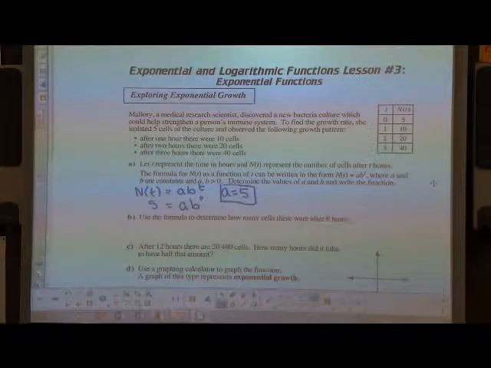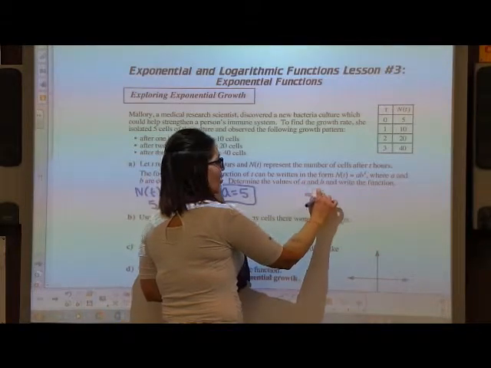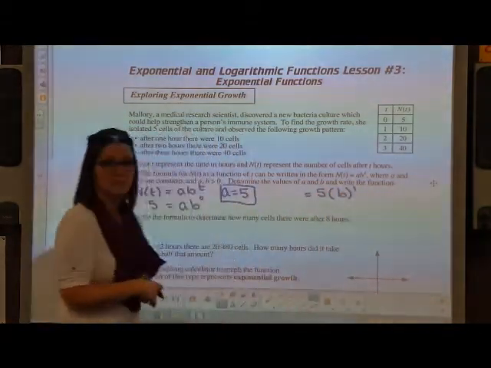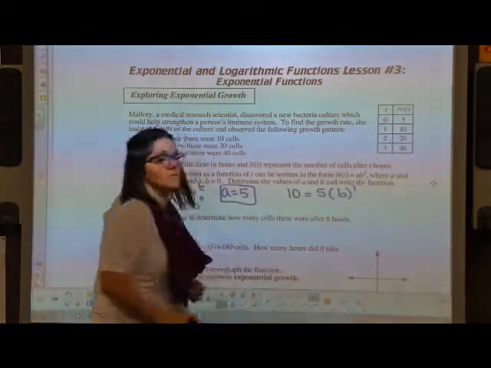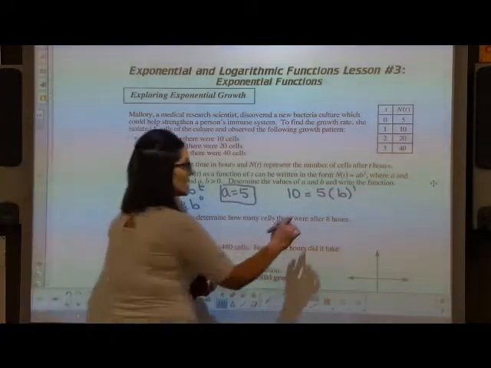And then if I take time 1, I know that a is equal to 5, so now I have b to the power of 1, which is just b, and that's equal to 10. So to get b by itself, I divide both sides by 5, and what does b equal?